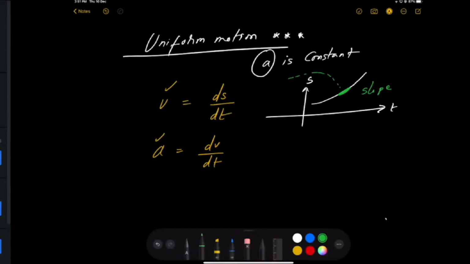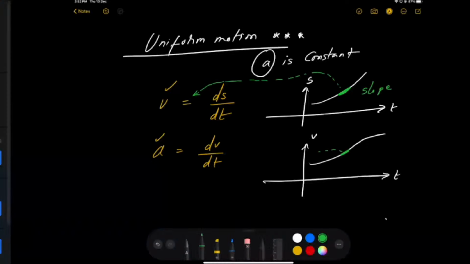So slope of displacement time graph gives you velocity. And if you have a velocity time graph, then slope of velocity time graph gives you acceleration. Slope of velocity time graph gives you acceleration. Clear? You have to remember this.